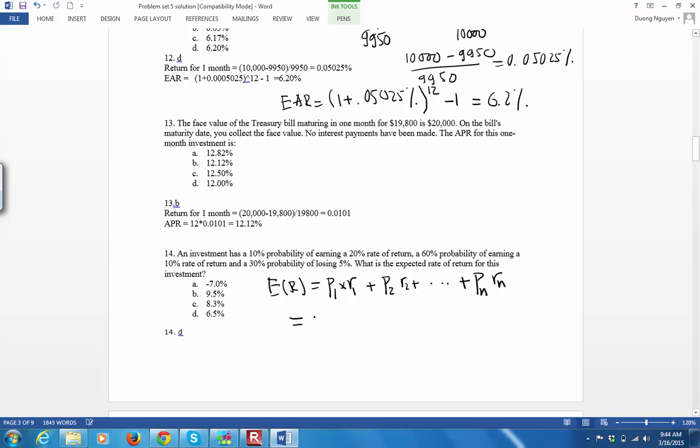The first outcome, probability 10%, and the return of 20. Second outcome is 60% probability with a return of 10%, and the next outcome is 30% with a return of -5, and you multiply together, you get 6.5%.